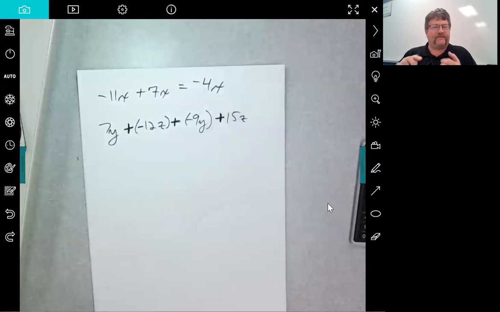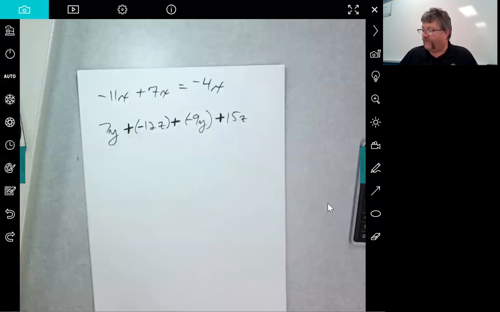A lot of times the word negative and the word minus or the word subtract are kind of all intertwined and interchanged. And I could see how that happens, but they're really not the same, but yeah, you could argue they are the same. But here we don't have a subtraction problem, we have an addition problem. It just so happens I have negative numbers in the mix, but it's still addition.